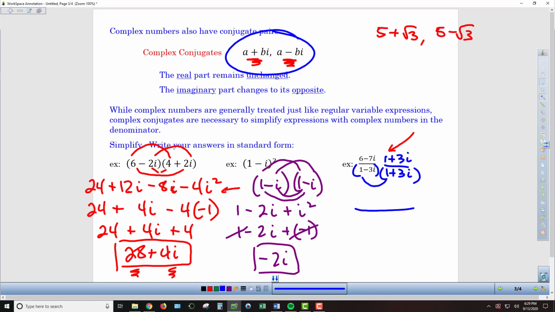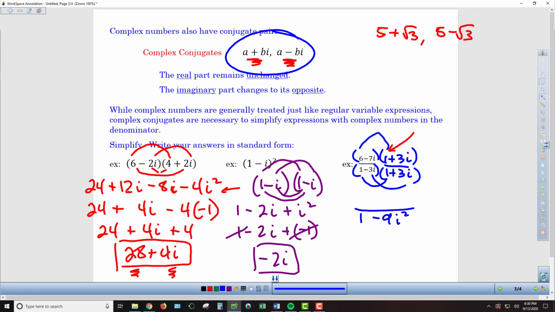So 1 times 1 gives us 1, and then we've got -3i times +3i. It's going to give us a -9i squared. And so we can see that we're not going to end up with an i in the denominator after we're done with this because those outer and inner terms cancel out. So we just have a real part, and then we have an i squared part, which is also going to end up being real. Up in the top, we do have to do our full FOIL.